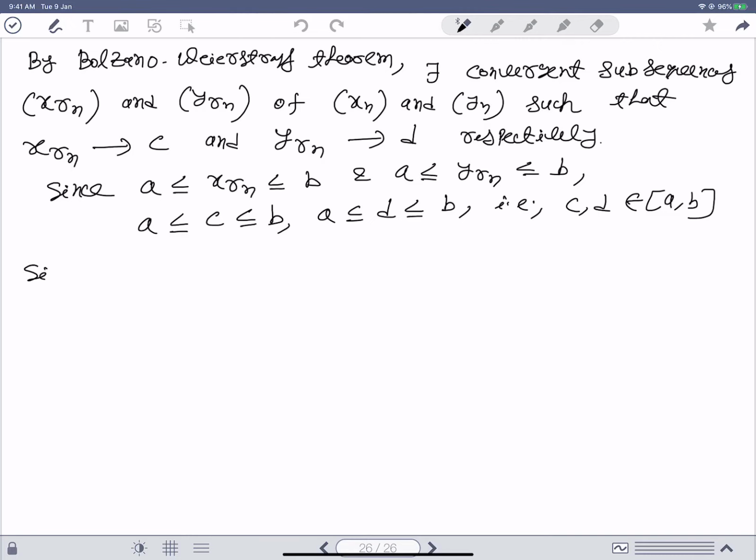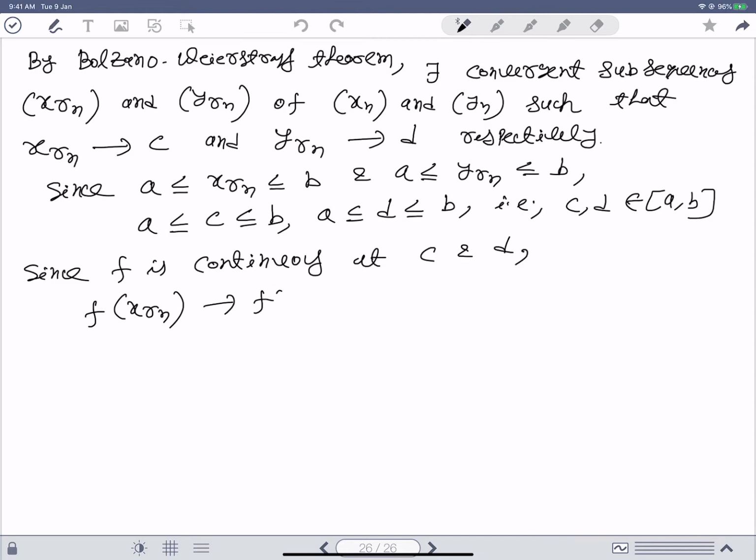Now since f is continuous at c and d, and x_rn converges to c and y_rn converges to d, we have f(x_rn) converges to f(c) and f(y_rn) converges to f(d).